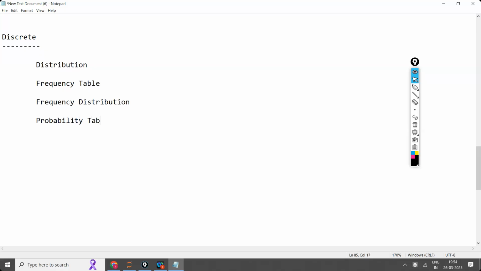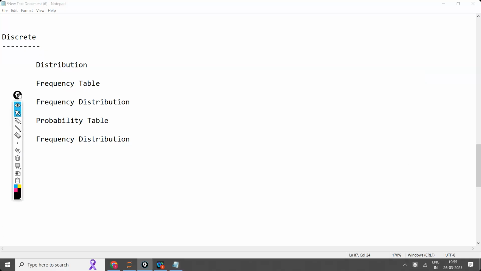Probability table, let us add the probability table and also the probability distribution. Total everything let us add. All the 5 have to be done on the continuous variable. All the 5 have to be done on the discrete variable. Now first let us start with the discrete.